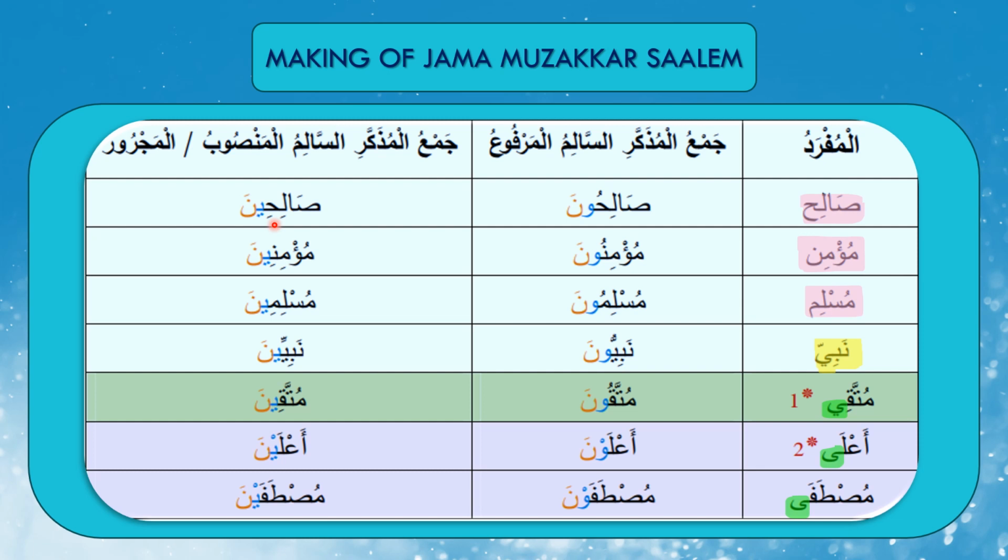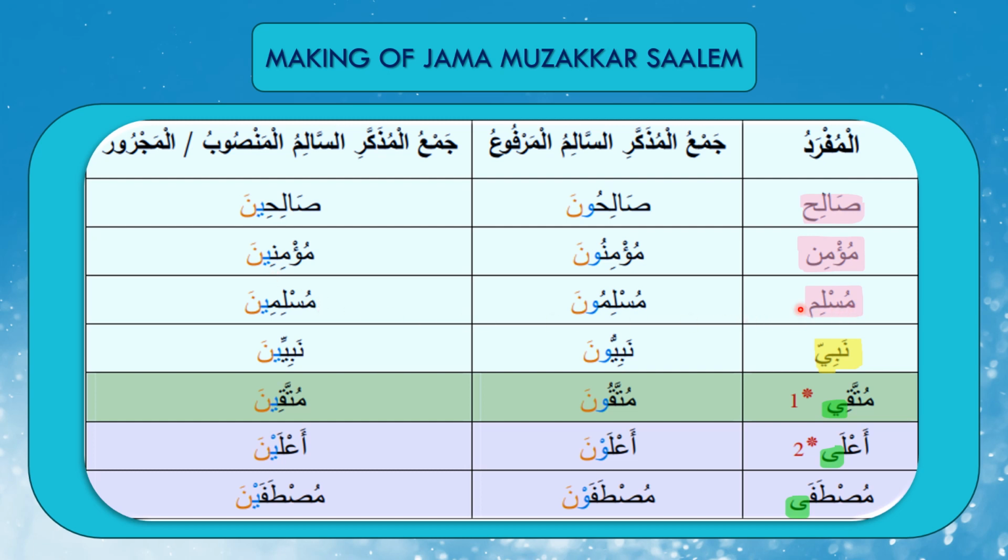If it's in the position of maf'ul bihi, then it's in mansub. If it's after the harf jar, then it's in ism majroor. So you should not judge with the kasra only. You should judge the position of the noun by its position in the sentence. Now you see mu'minun and mu'minin. Since it has a long vowel ya, it will go along with kasra, so the last letter noon of the noun will have a kasra.